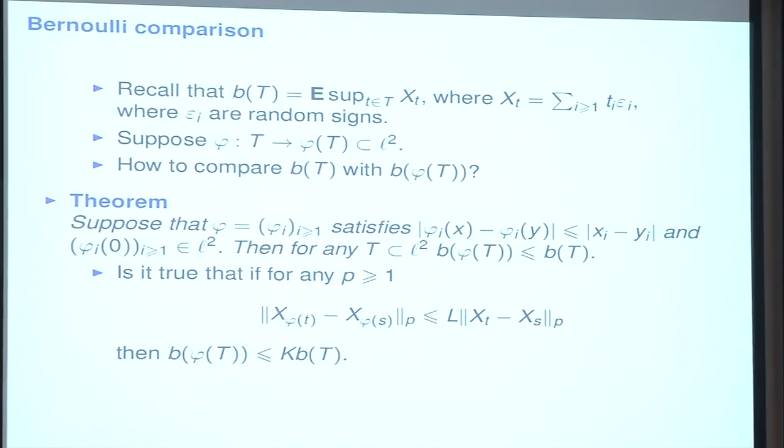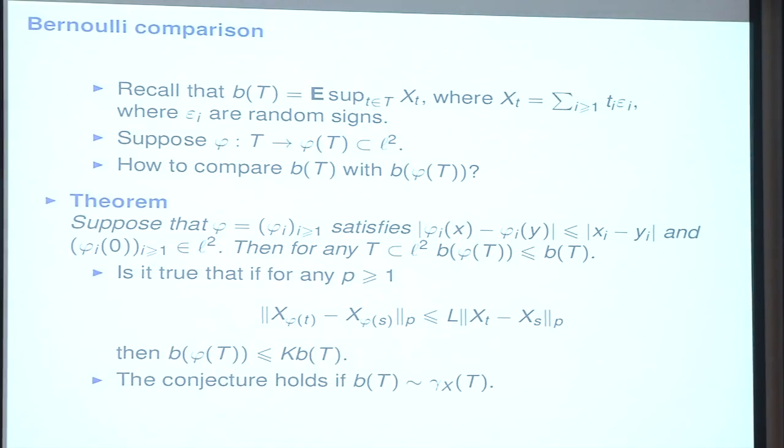Does it imply that there is also a comparison of expectations? And obviously, you can see that, once again, from the view of computer science, checking these conditions, even for all points in the set T, is much less difficult than finding an algorithm to find b(T). So that's why it may be of interest.